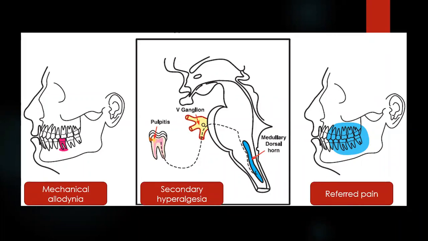So this central sensitization, which goes to the thalamus, will increase the amount of mechanical allodynia. The lower threshold was already there, and it will lower the threshold more than before, which will lead to secondary hyperalgesia and referred pain.